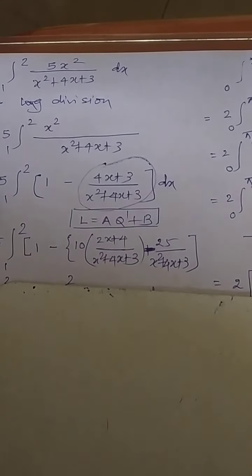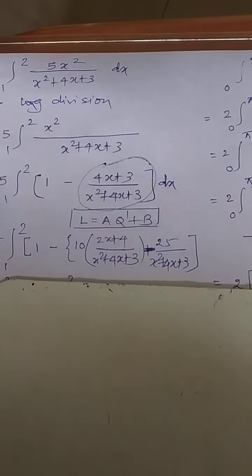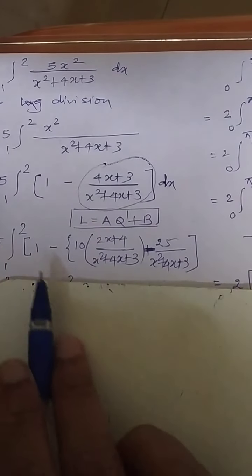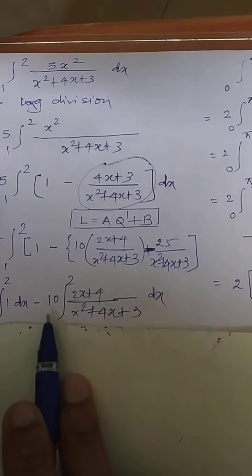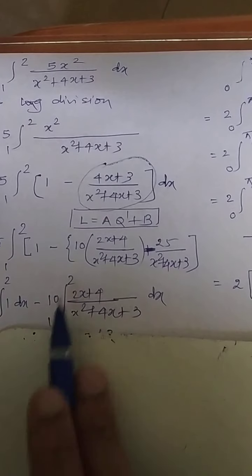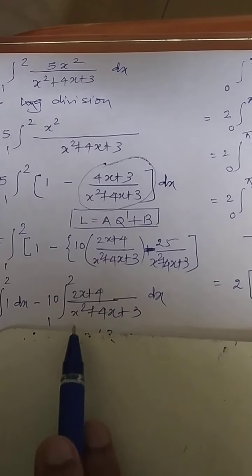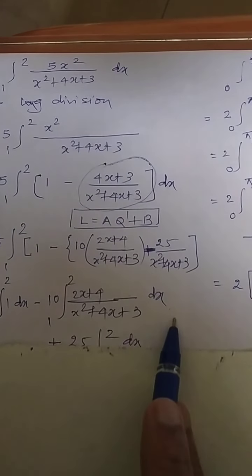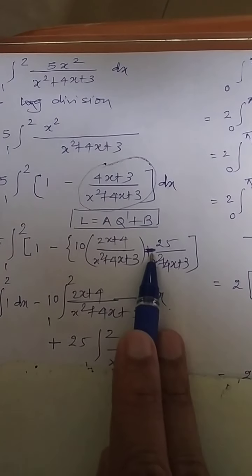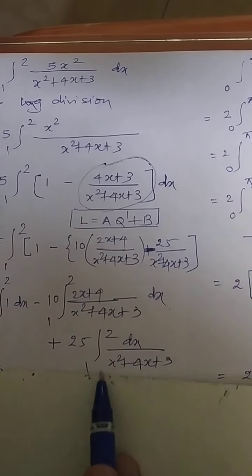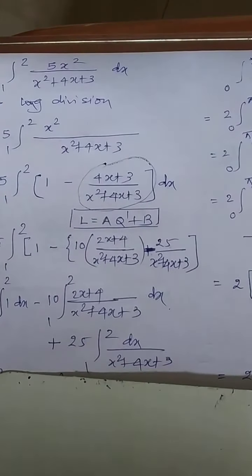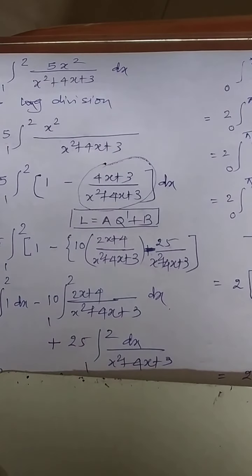Check here. After this step you know the method of integration. This 1 and 2 you just leave at this. The integral of 1 dx, minus 10 is to be taken out. Here this minus and this minus will be plus 25, lower limit is 1, upper limit is 2, and this expression.